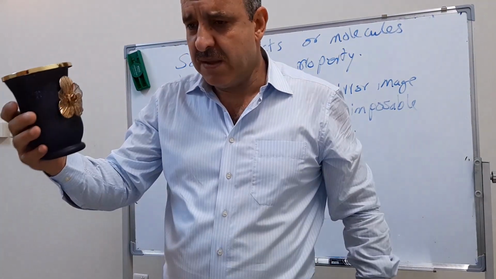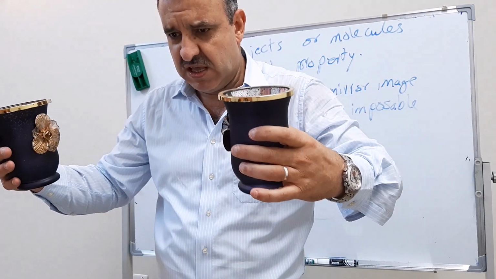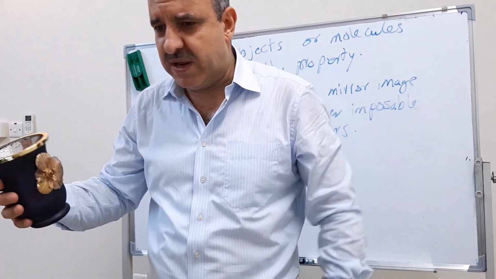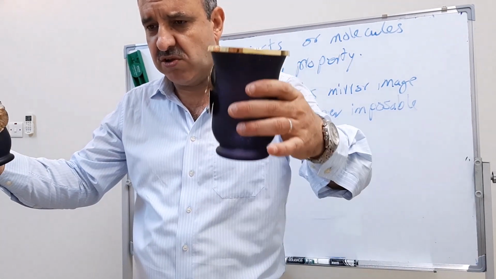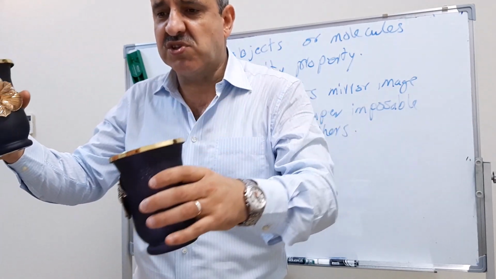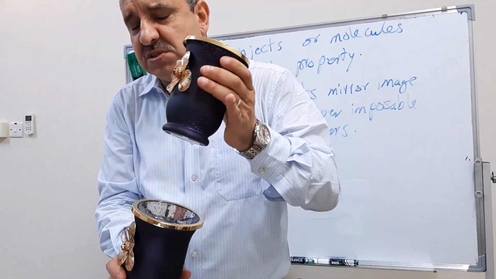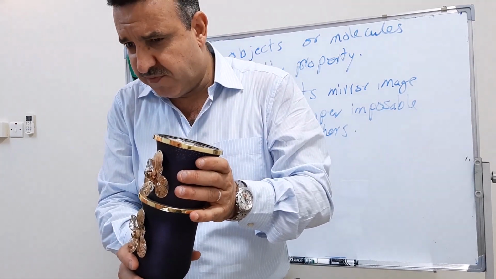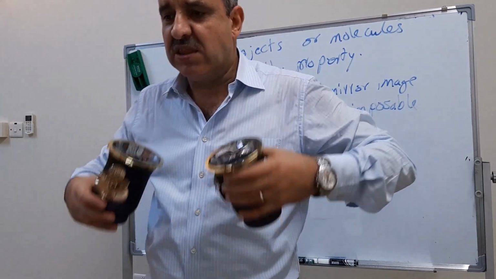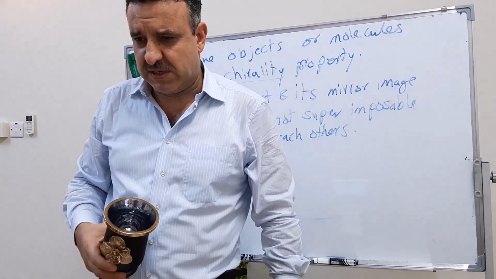If you place this object in front of a mirror, you will see its mirror image. That's actually normal: if you place anything in front of a mirror, you will see its mirror image. But if you try to superimpose these, you will find they superimpose perfectly. Do you follow me? So this type of object or molecule does not show the chiral property.